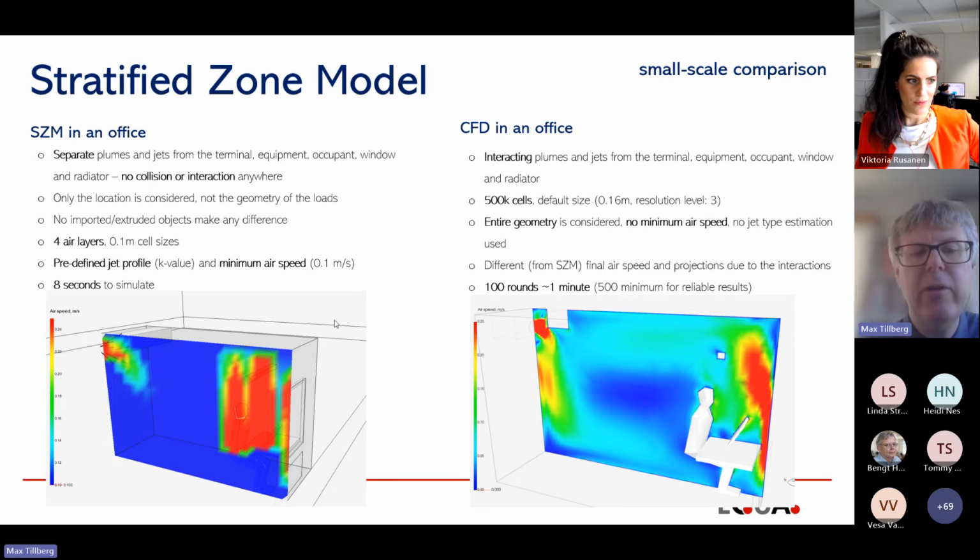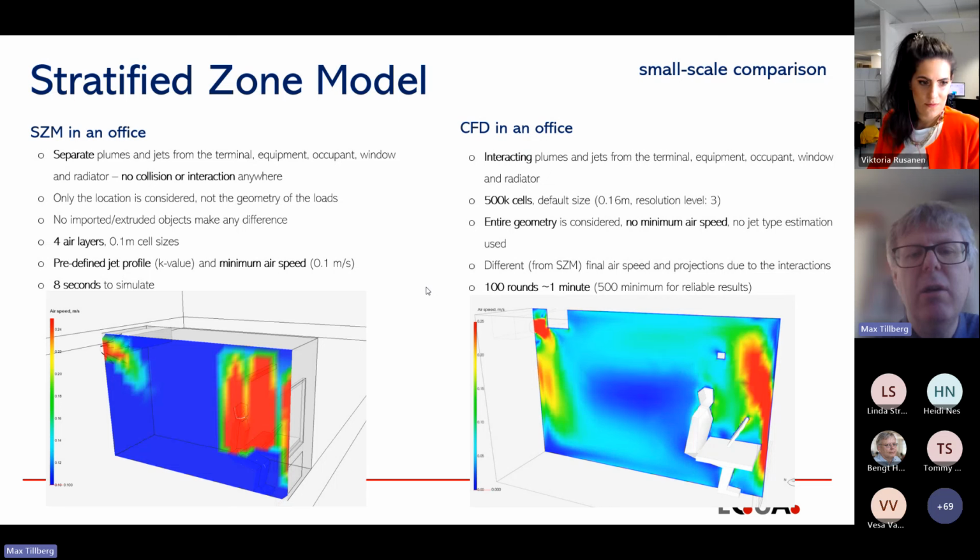So there are differences, but we need to remember that this took 8 seconds to simulate a whole day, and this took 100 seconds just for iterating the first 100 iterations, and it took 1 minute to do that, and that is just 1 point in time. So this is the big difference.